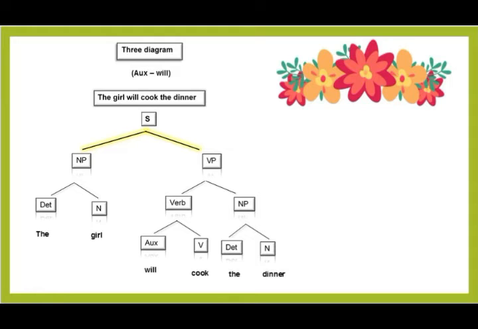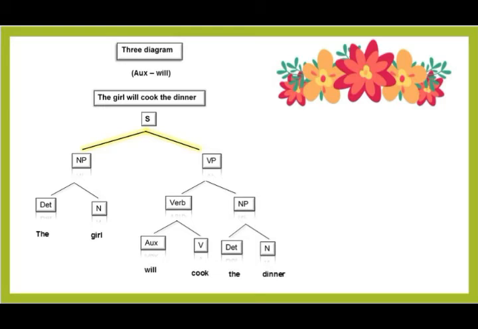The girl is a noun phrase. So we put NP indicating that it is a noun phrase, right? Why? Because we have "the" as a determiner and "girl" as a noun.